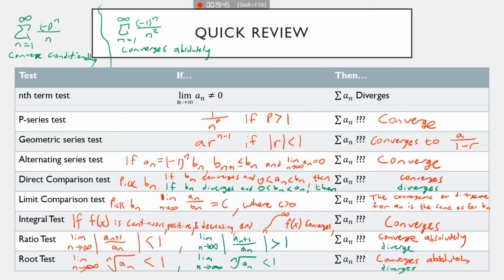But if this would converge even if it did not alternate, then it converges absolutely. So for a function like this, if I take away the -1 to the n, so it's not alternating anymore, it is just 1 over n and would diverge by the p-series test. So I could say the alternating series that we started with, negative 1 raised to the n power over n, converges conditionally because it only converges since we're alternating.